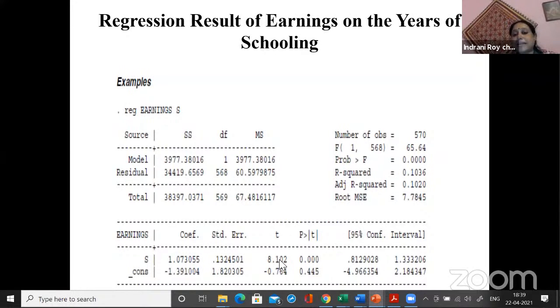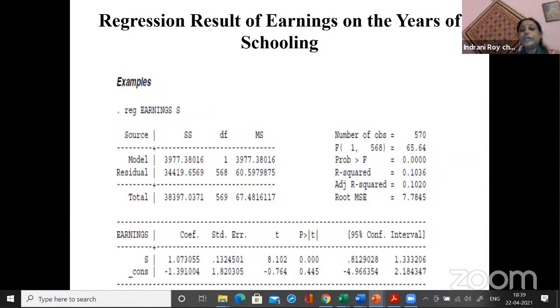Now look at the t values and tell me whether they are statistically significant or not. You have a null hypothesis beta naught equal to 0 against the alternative hypothesis beta naught not equal to 0 for the intercept term, and for the slope term, you have the null hypothesis beta 1 equal to 0, alternative hypothesis beta 1 not equal to 0.